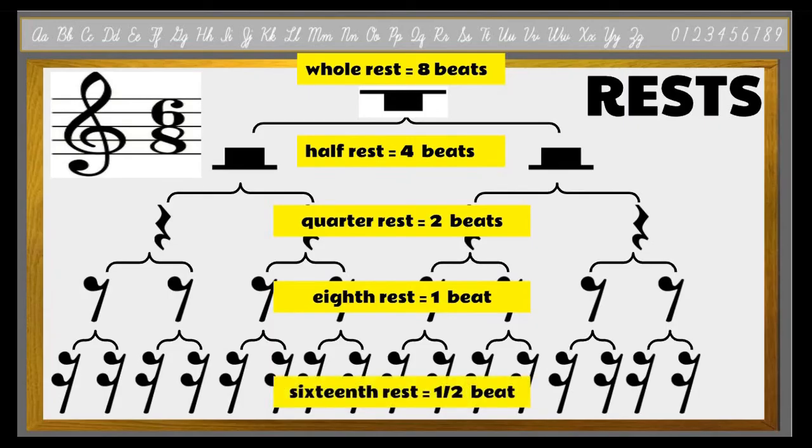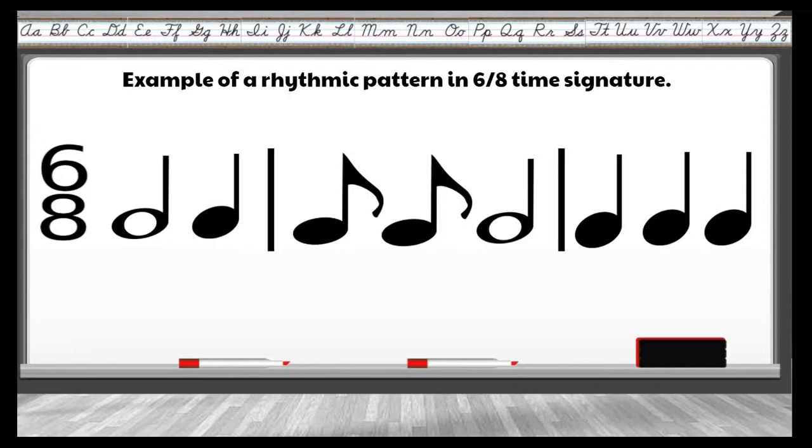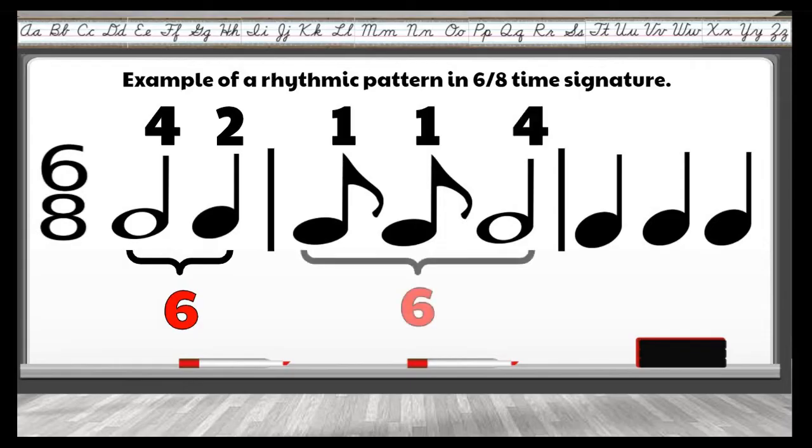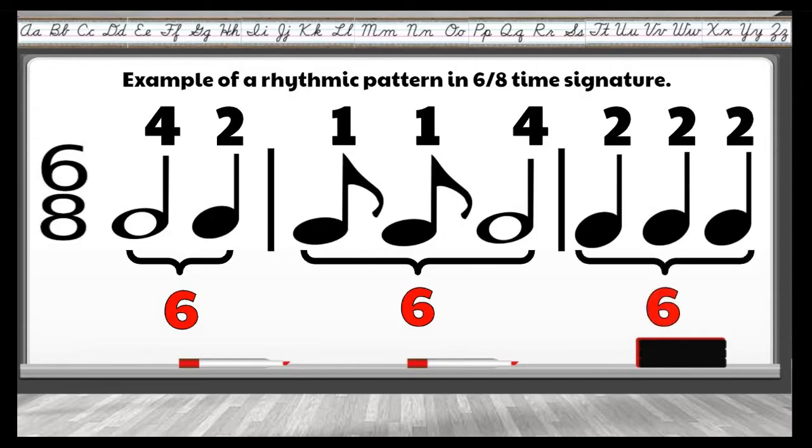Observe the following examples of rhythmic patterns in 6/8 time signature. As we can see, every measure has 6 beats. Let us have another.